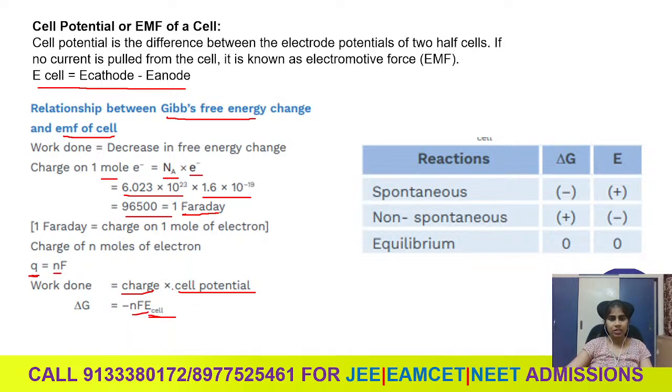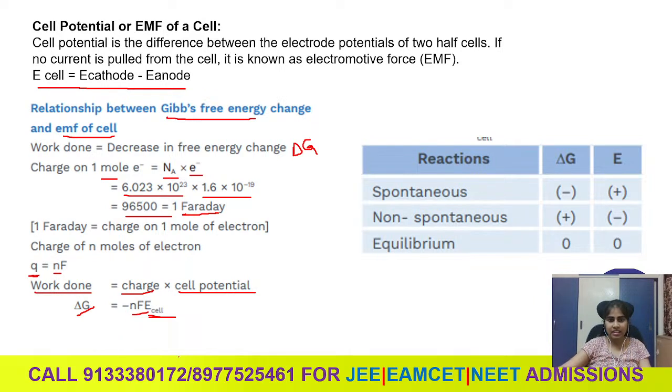Whenever work is done, there will be a decrease in the free energy. Free energy is denoted by the Gibbs free energy, and the change in the Gibbs free energy is given by delta G. Why do you see a negative sign? Because there is a decrease in the free energy, and that decrease is represented by a negative sign.